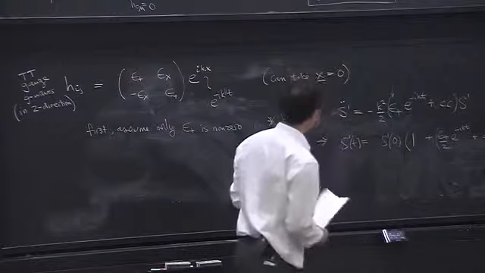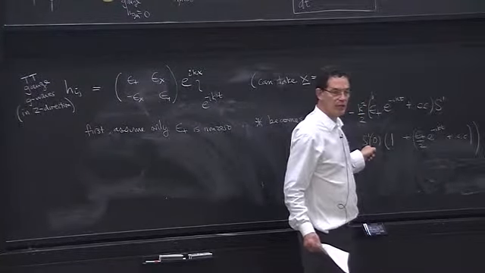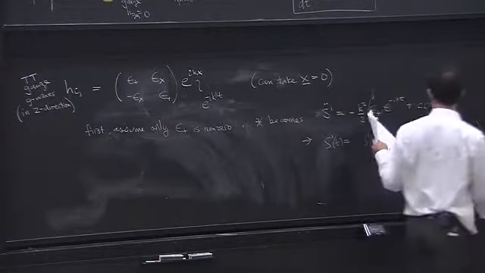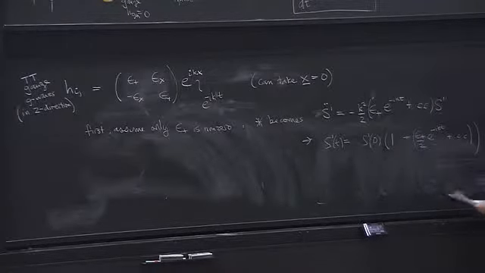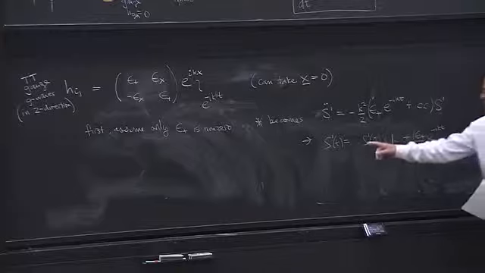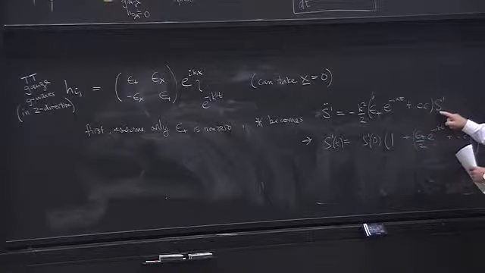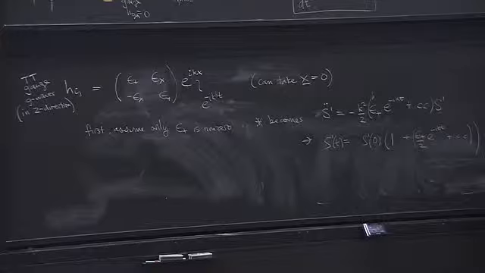Okay, why is that true? Well, on the right-hand side, I just need to use the 0th order expression for s1. So on the right-hand side, I literally just have a constant, because this stuff is already first order. And then I integrate this up. So let's just check if it works. Put this into there. The double dot term, all I get is the double dot of this, which is minus k squared over 2 multiplied by s1(0).